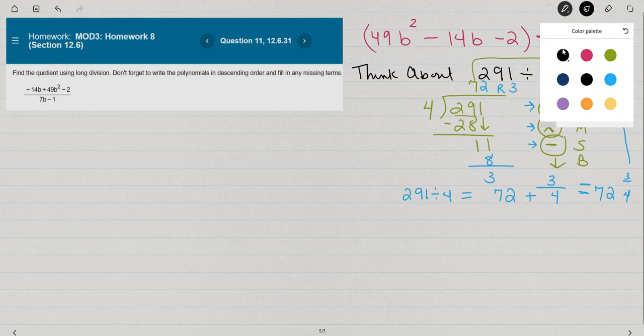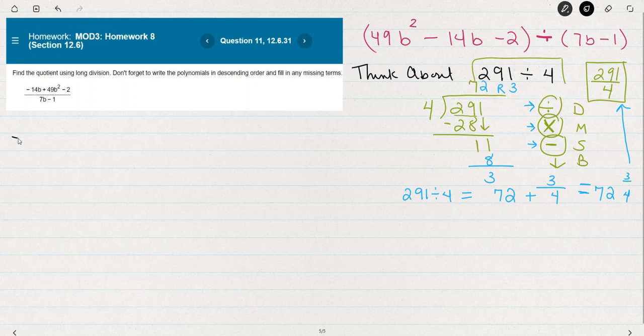Let's transfer now over to our algebra, and we're really going to use the same or a similar process. We're going to put our divisor, the denominator, outside the bracket, because it's divided by 7b minus 1. And I'm going to put the 49b squared minus 14b minus 2 inside the division bar.